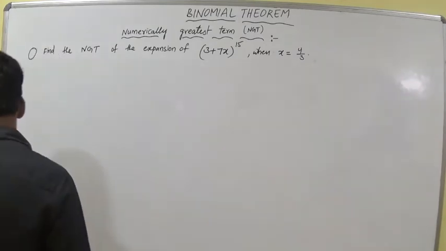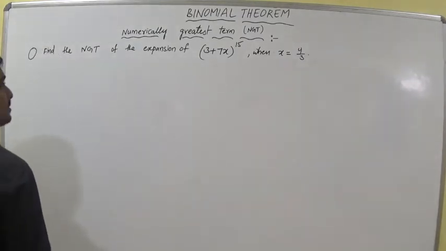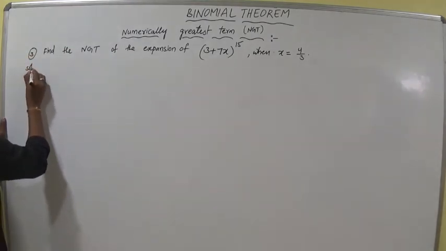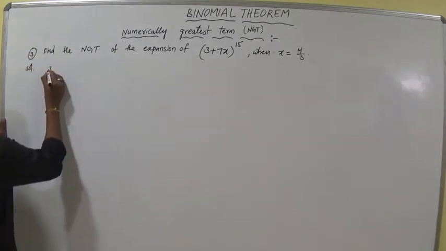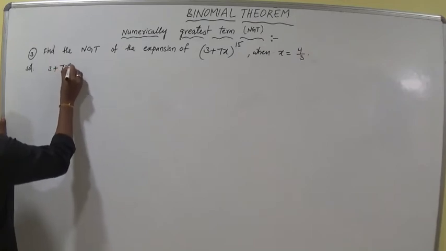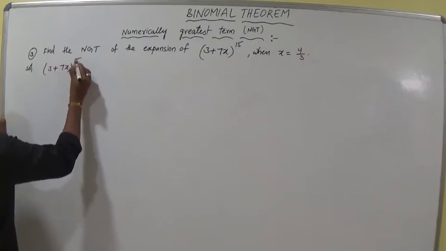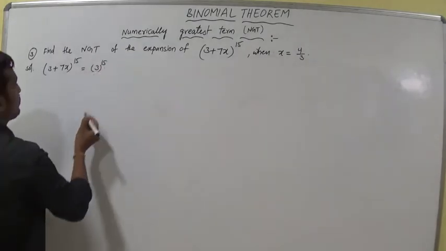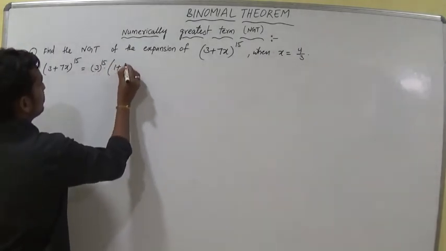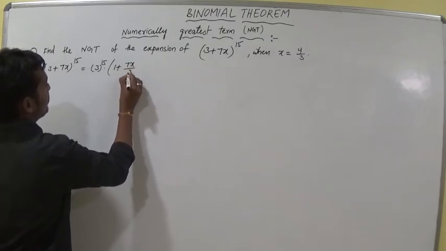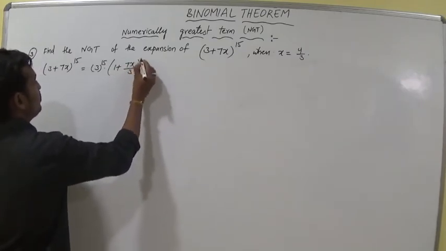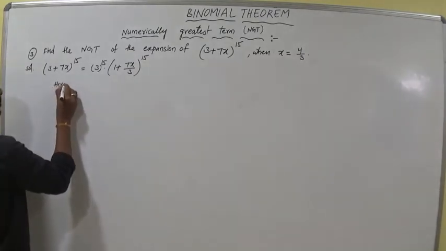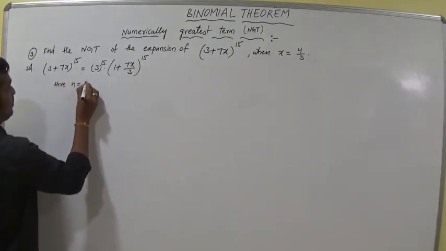3 plus 7x whole to the power of 15 where x is equal to 4 by 3. So this is problem number 3. Now we are coming to the solution. 3 plus 7x whole to the power of 15 is equal to 3 power 15 into 1 plus 7x by 3 whole to the power of 15.